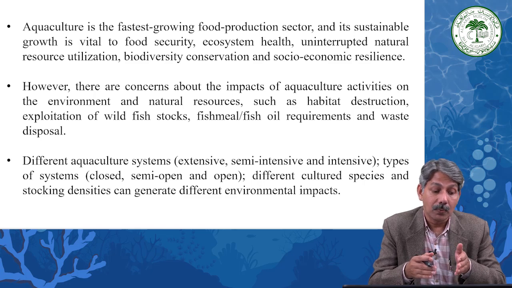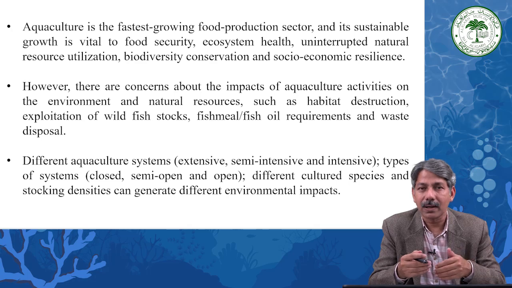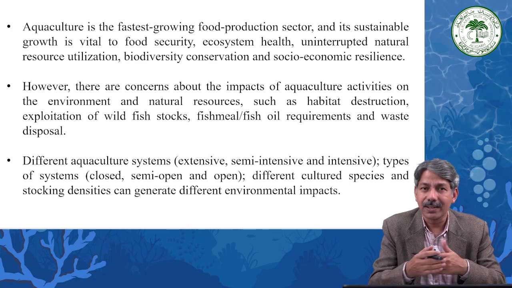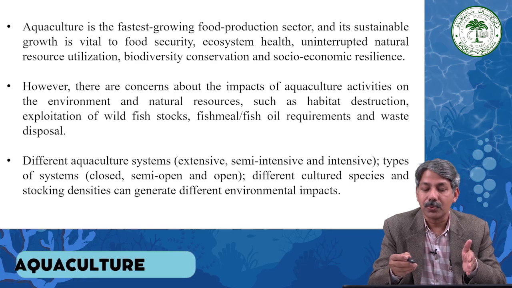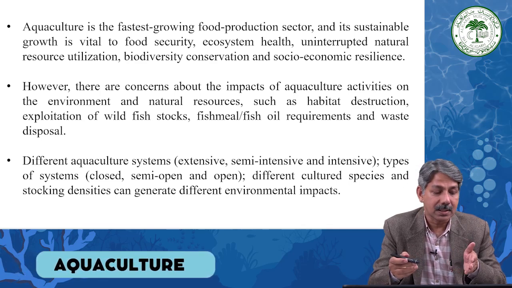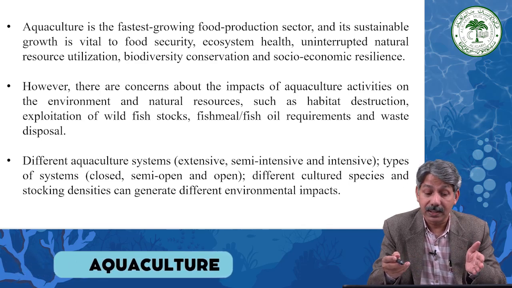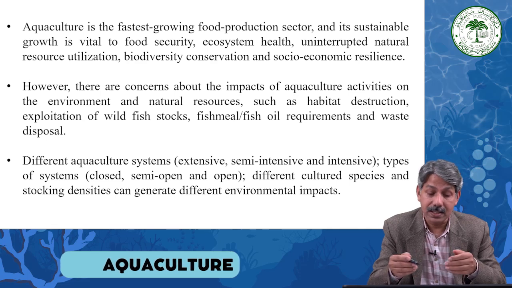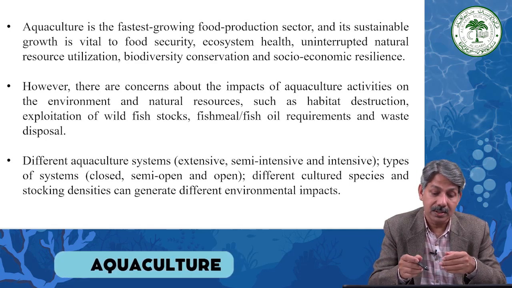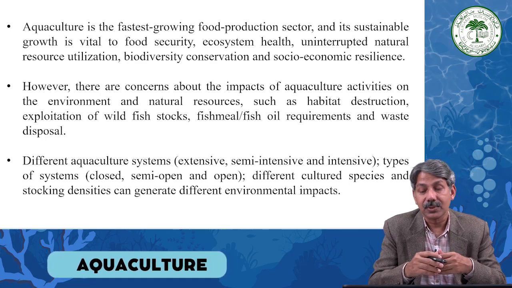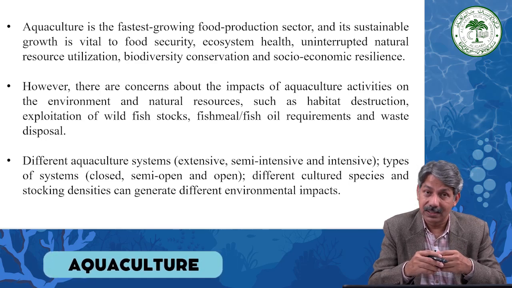What we should know, that this is in fact just giving you the background. I will not elaborate it too much, but this is the fastest growing food production sector, and its sustainable growth is vital to food security, that we have discussed in quite detail. Ecosystem health, uninterrupted natural resource utilization, biodiversity conservation, and socio-economic resilience.